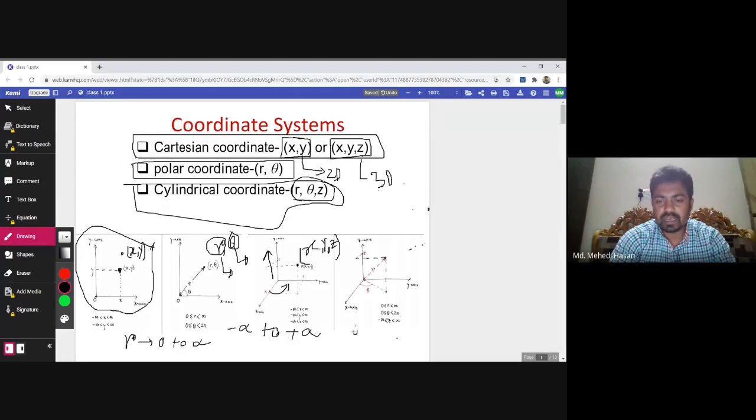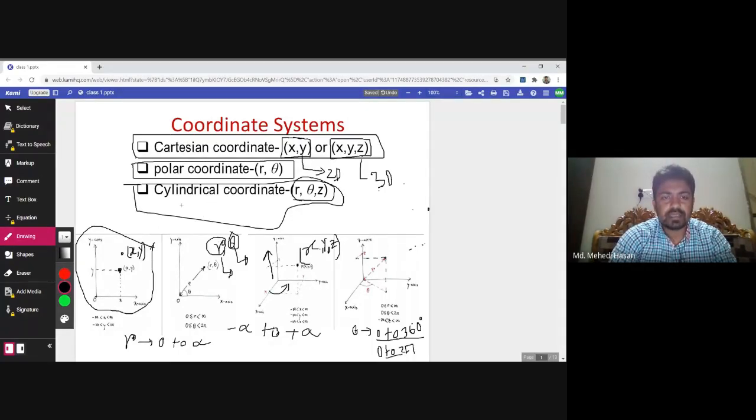And the limit of theta is 0 to 360 degrees. If we complete one circle, that is 360 degrees. In radians, we use 0 to 2 pi. So these are all about the coordinate system. We can convert Cartesian to polar and polar to Cartesian. I will explain this later.